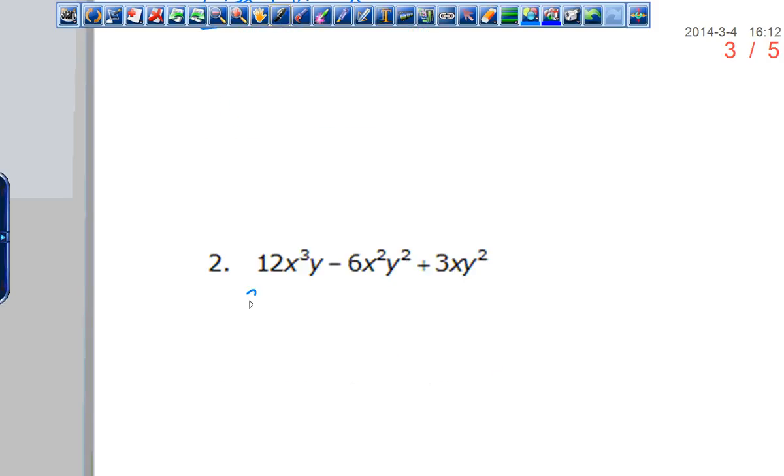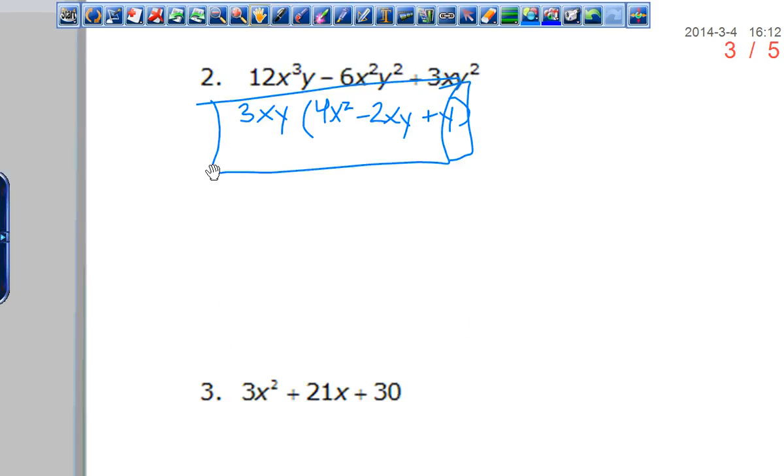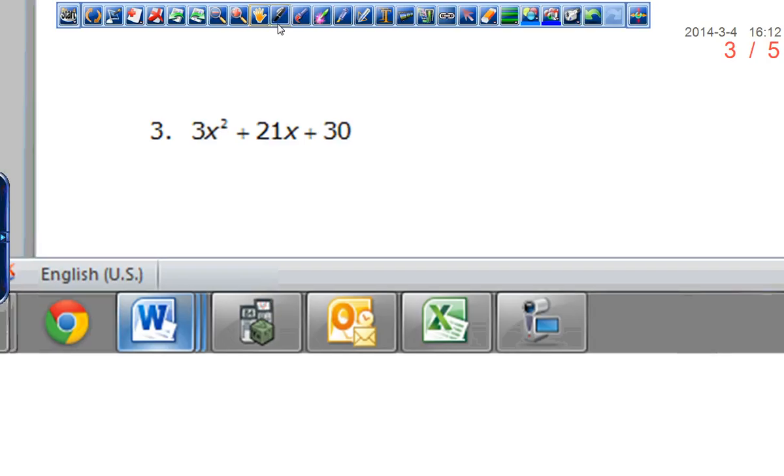They're all divisible by 3, and then an x, and then a y. So now I'm left with 4x squared minus 2xy plus y. And that's it for that one. Now on number 3, you can divide everything by 3, or factor out a 3.